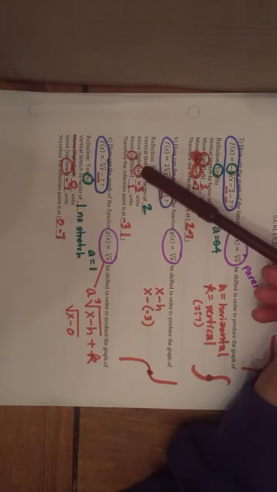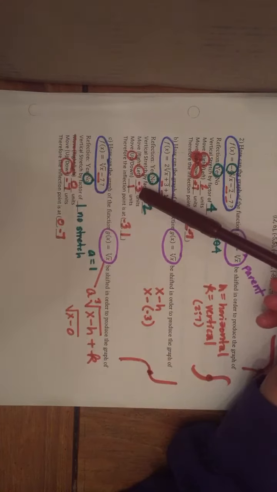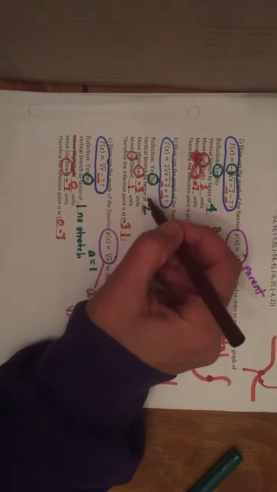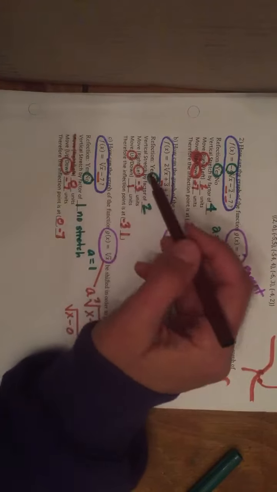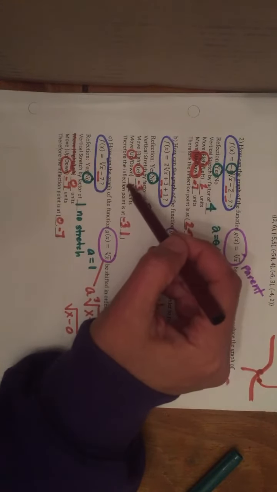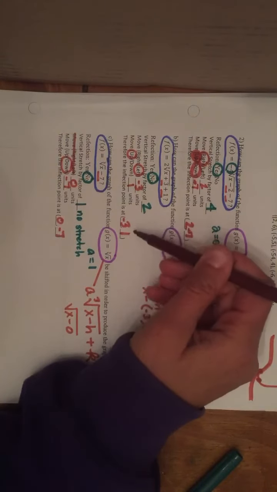That's your h value, which means it's going to move to the left 3 units. Now, I put negative 3 in there, but you don't have to put a negative because it's asking how many units, but I went ahead and put the negative in there anyway to help you out. Your k value is 1, so it's going to move up 1 unit because it's positive 1. Therefore, your inflection point is negative 3, 1.